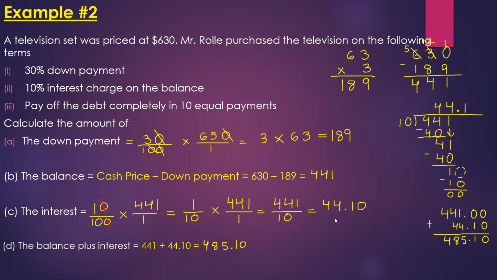You could just move the decimal point one place once you divide it by 10 and then add a zero. So you get 44.10, $44.10, sorry. Excellent.